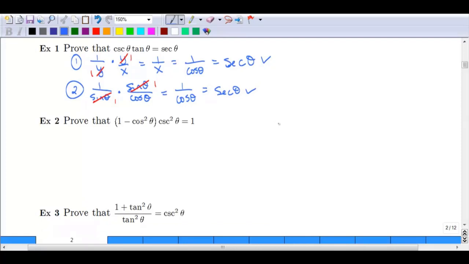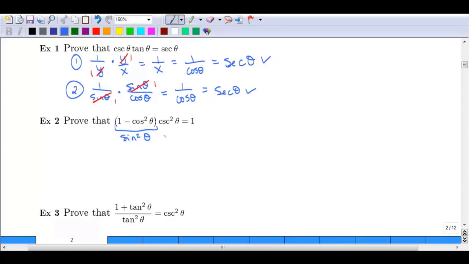So let's try to look at another example here. 1 over cosine squared. We talked about this up above in the previous section. Again, we said 1 minus cosine squared was sine squared. If you need to, you can go back and rewatch the last video, but this comes out to be sine squared of theta.